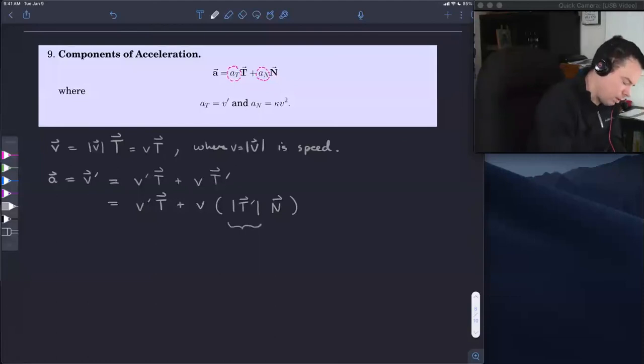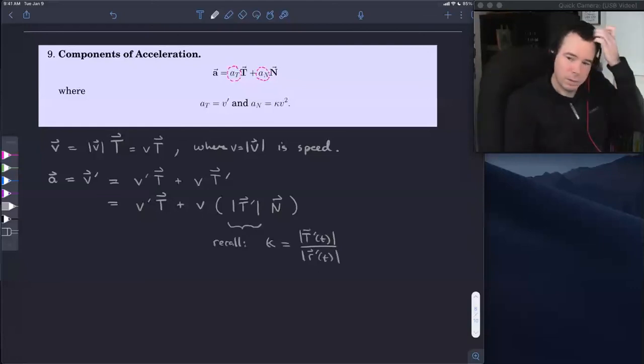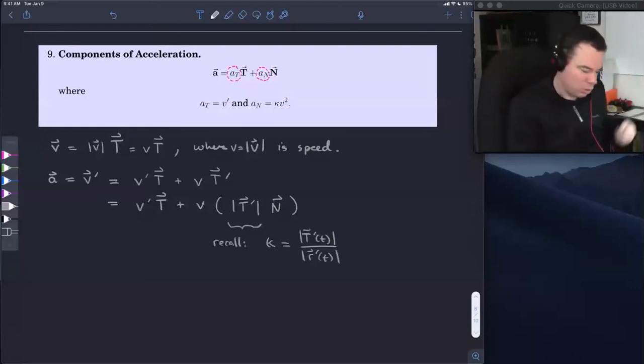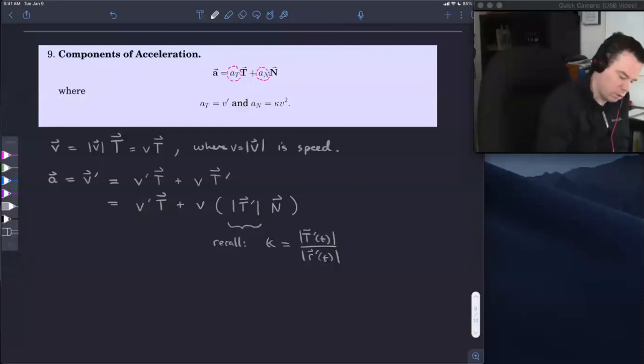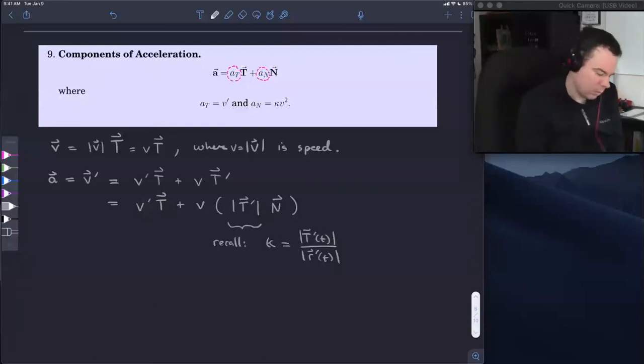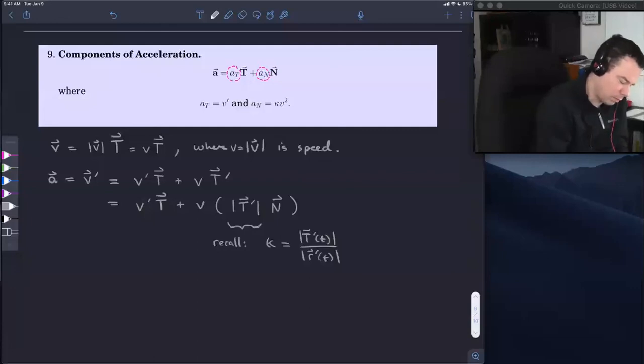The thing to note here is that we'll recall that curvature is given by t prime, and here I'll put the t's in just so we know what we're differentiating with respect to, over r prime of t. That was a formula we had for curvature. It was how the tangent vector is changing, and if we don't reparameterize in terms of arc length, we can compute it by t prime of t over r prime of t.